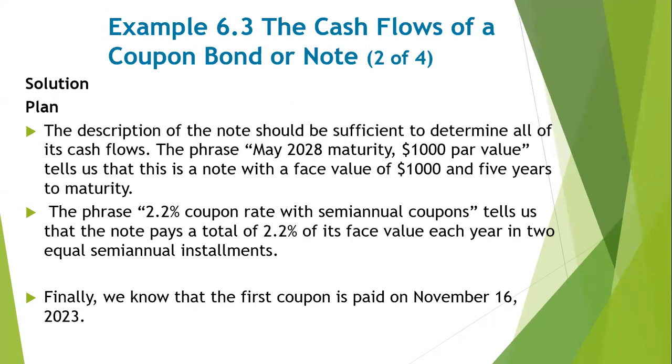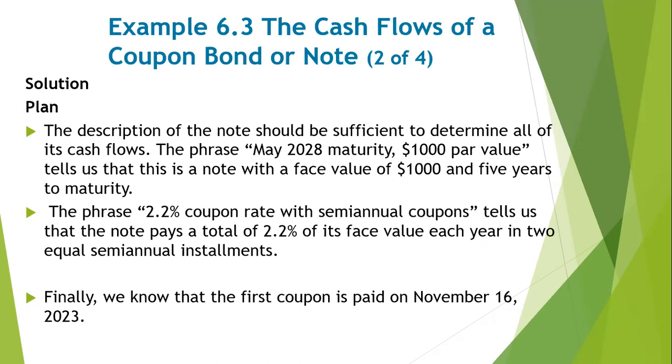So the solution plan. The description of the note should be sufficient to determine all of its cash flows. The phrase May 2028 maturity, $1,000 par value, tells us that this is a note with a face value of $1,000, and 5 years to maturity.